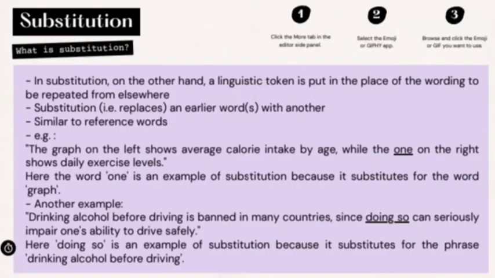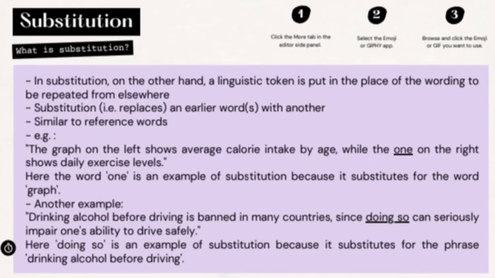Substitutions. What is substitution? In substitution, on the other hand, a linguistic token is put in the place of the wording to be repeated from elsewhere. Substitutions replace an earlier word with another. Similar to reference word.